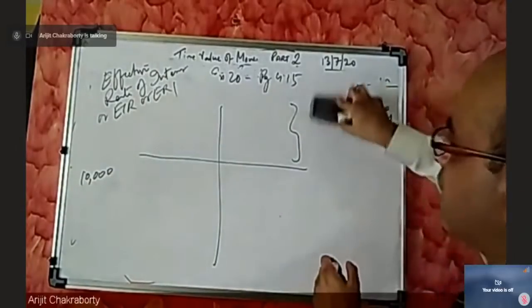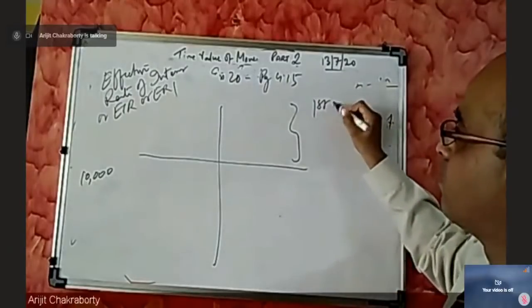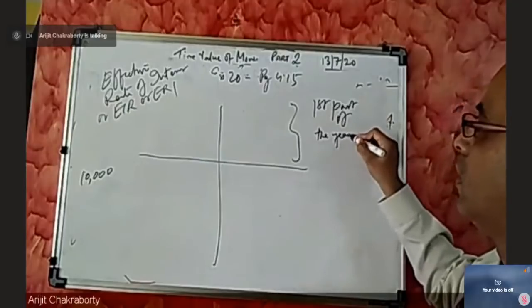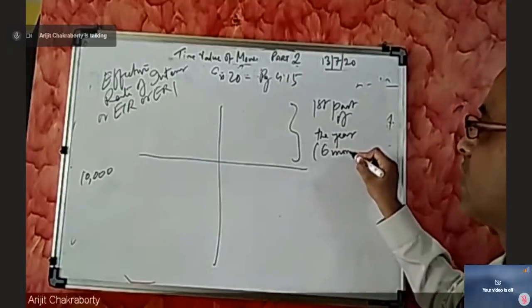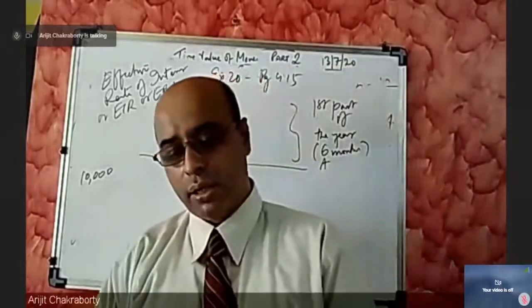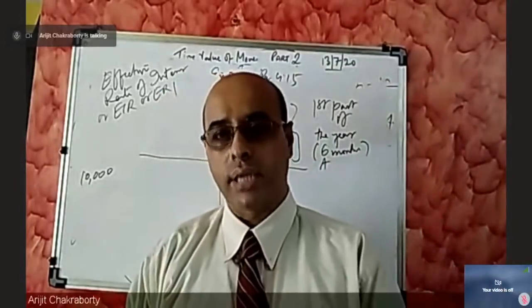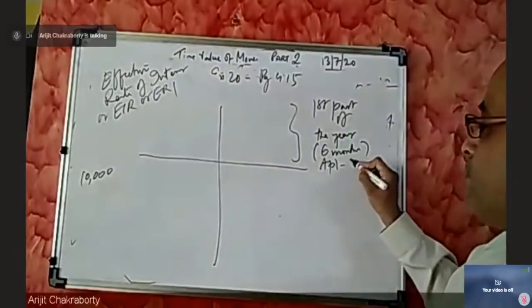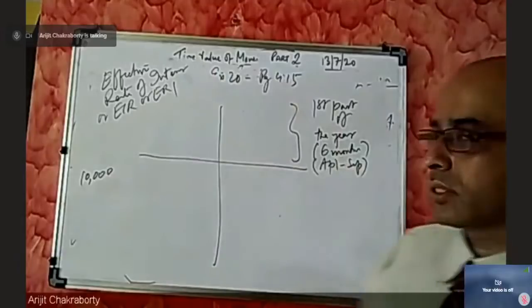Let's call it April. So April, May, June, July, August, September. 30th September. April to September. First 6 months.